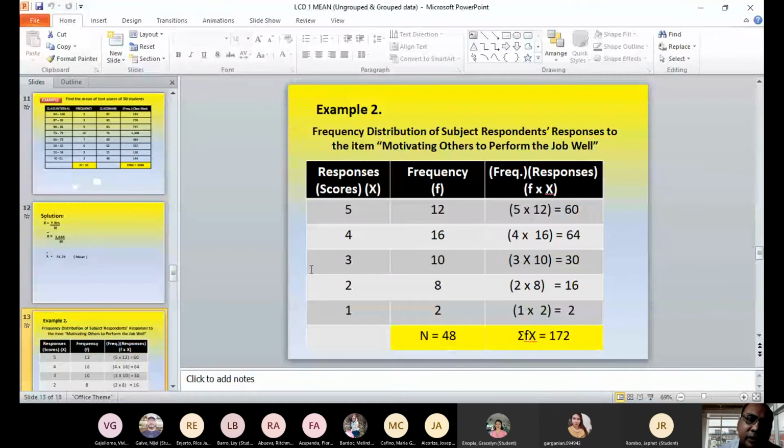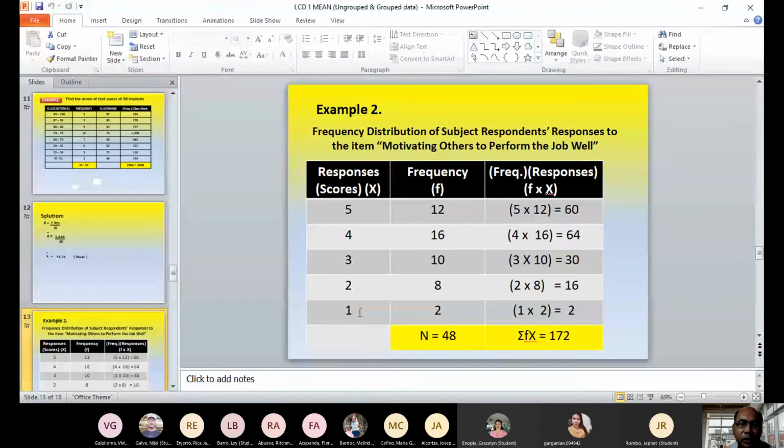In your instrument, so dapat nakalagay doon ang responses, that is your scores. Meaning, this is the responses of your respondents to answer some items in your questionnaire. Meaning, 5, 4, 3, 2, 1.